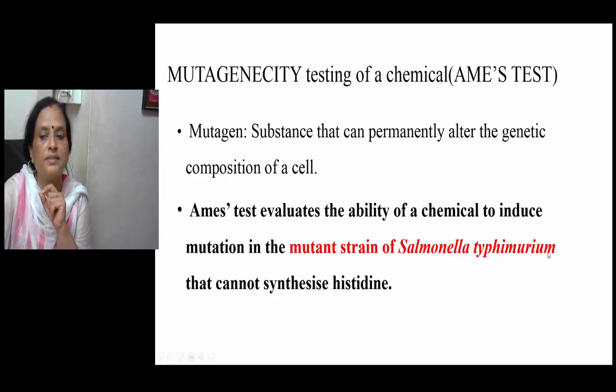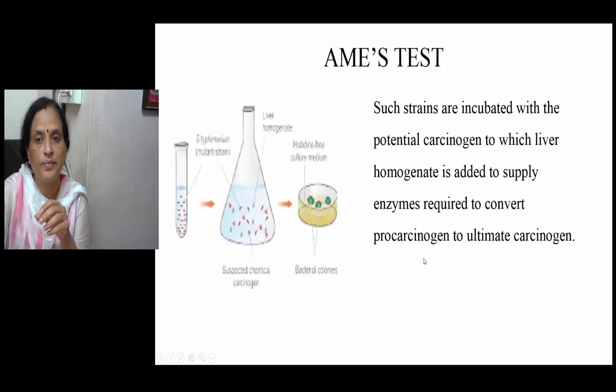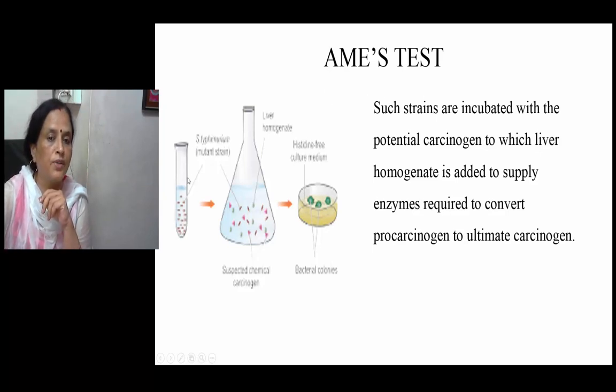See, for the test, there is a microorganism that is used, bacteria, Salmonella typhimurium. The speciality here is it's a mutant strain. That means it cannot synthesize histidine. Okay, just look at this test. The mutant strain of Salmonella typhimurium is here.